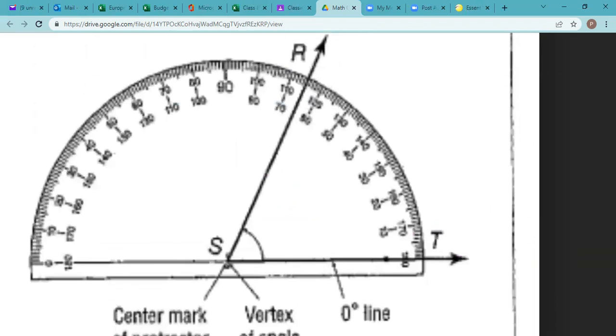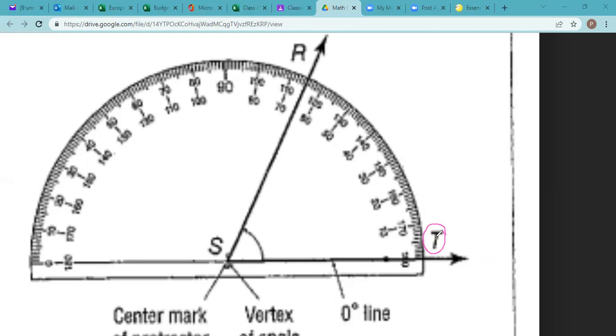The one thing about protractors that you do need to remember is it depends on where the bottom line starts. Where this T would start, we've got to look: is it starting on the right side or on the left side? Okay, this one is starting on the right side.